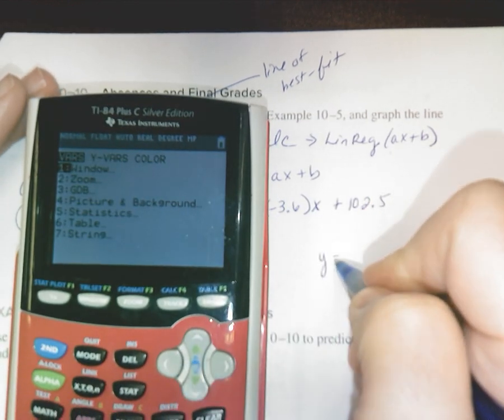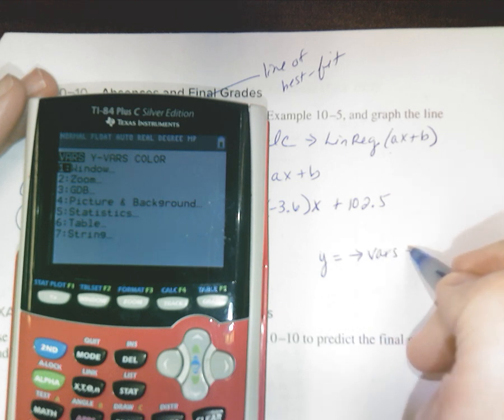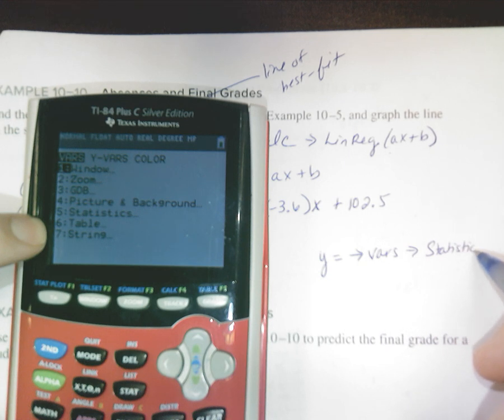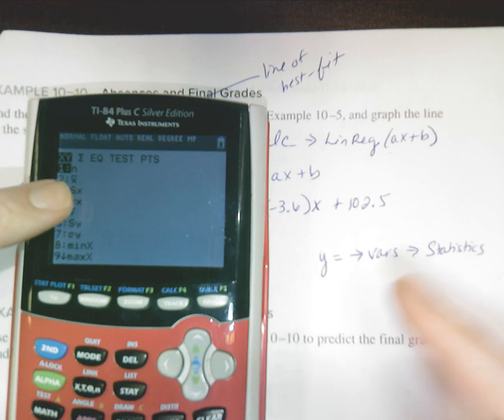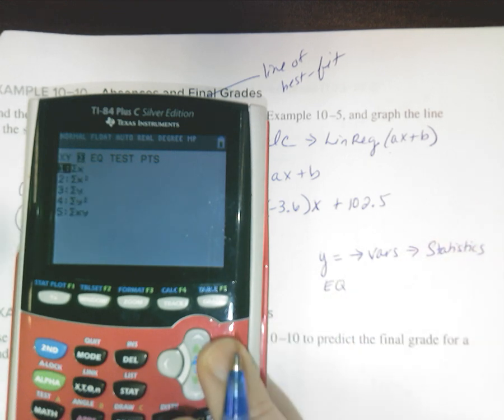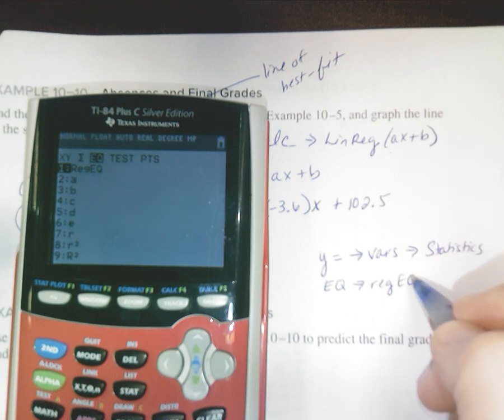So go to y equals, vars, then go down to statistics, which is number 5. Statistics. And then go over to EQ on top. And then go to regression equation.